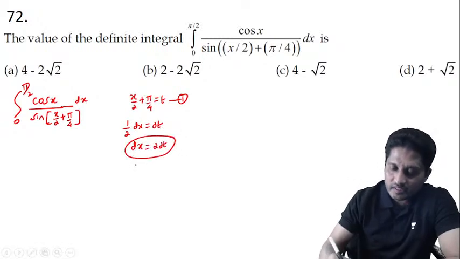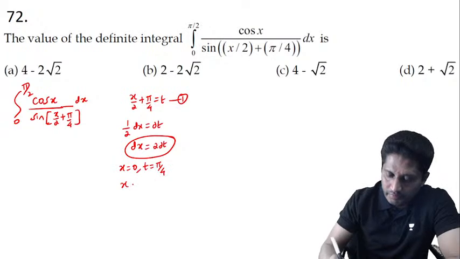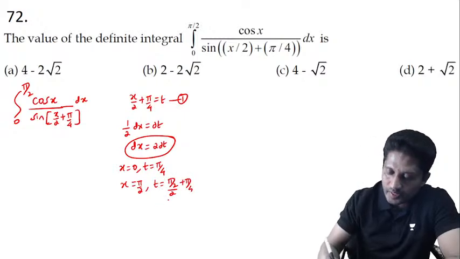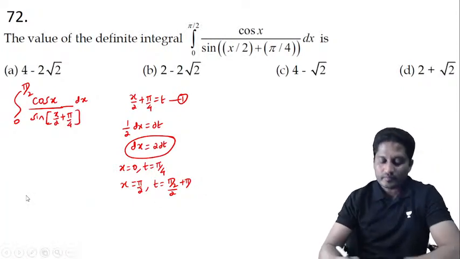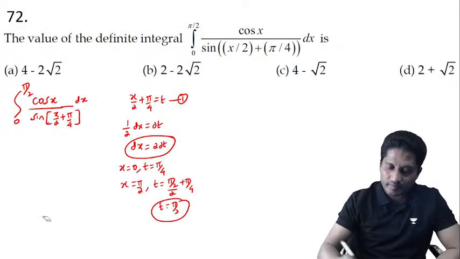Even the limits will change. When x is equal to 0, t is equal to pi by 4. And when x is equal to pi by 2, t is equal to pi by 2 divided by 2 plus pi by 4. That is pi by 4 plus pi by 4, which will give me pi by 2.